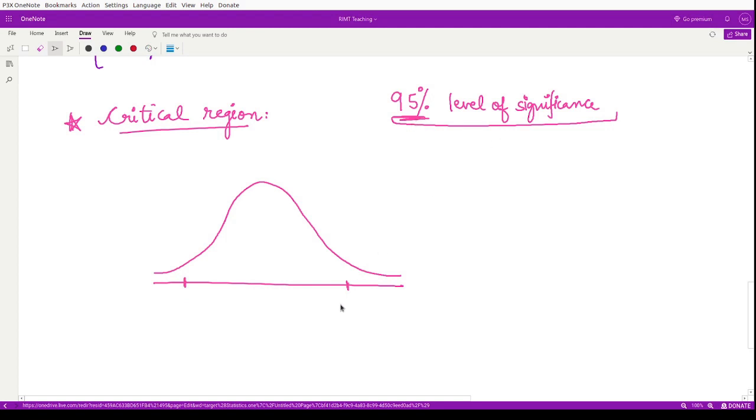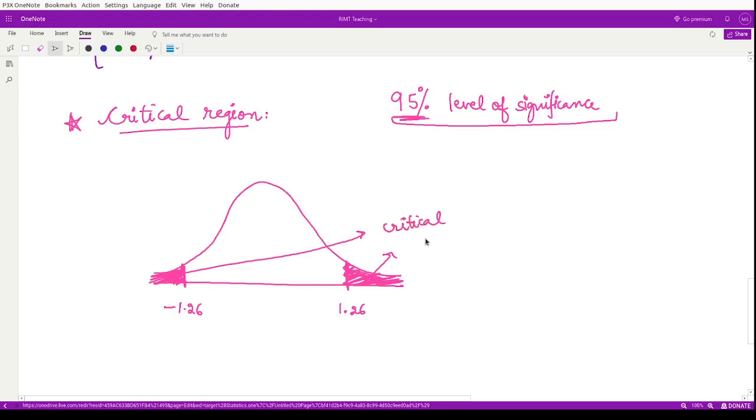Say the tabular value is 1.26 here, and the tabular value is minus 1.26 here. So this line would be your critical value, and your critical region would lie on the left side of this line and on the right side of this line. So this shaded portion would be your critical region.